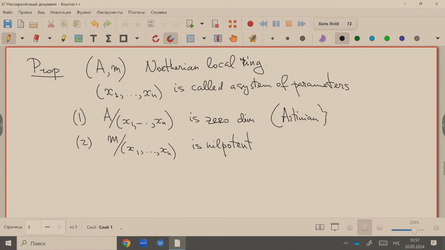And since we are working in a Noetherian ring, being nilpotent is equivalent to consisting of nilpotent elements.